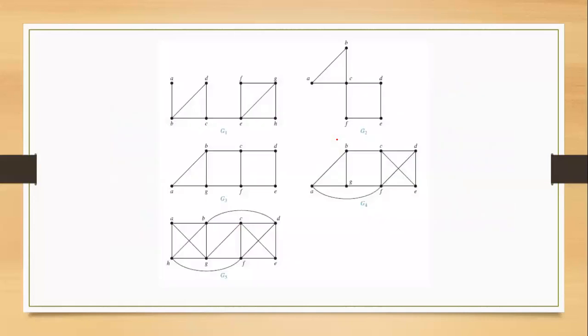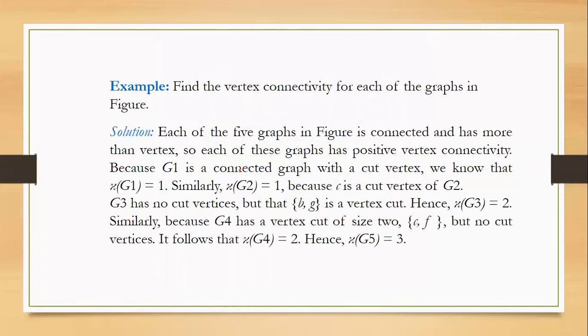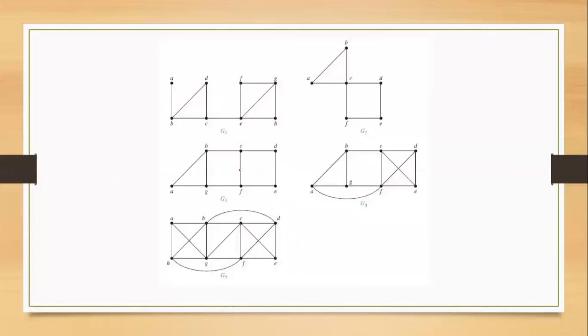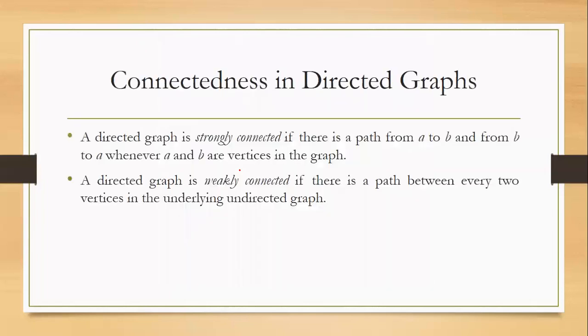After that, for G3, there is no vertex cut, because if I remove any vertex, the graph will still be connected. If I am removing A, the entire graph is still connected. If I am removing C, the entire graph will still be connected. So for G3, there is no vertex cut. Similarly, you can check for G4 and G5 by pausing the video.